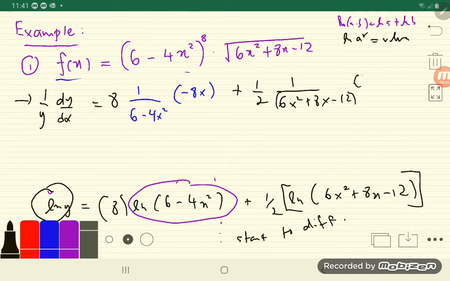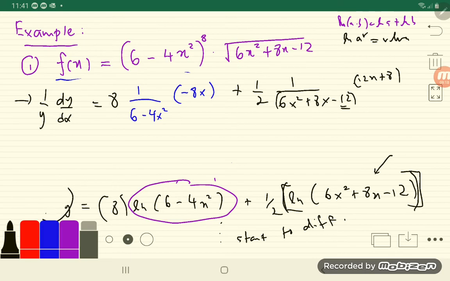You are going to get 12x plus 8, and if you differentiate minus 12, you get 0. So just leave your answer like that. You can pause this video and see how I do the differentiation here. Look back, what is the formula for differentiating ln u? I think you need to refer to your notes there.